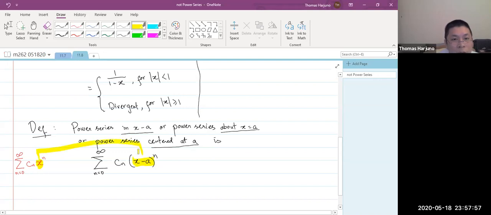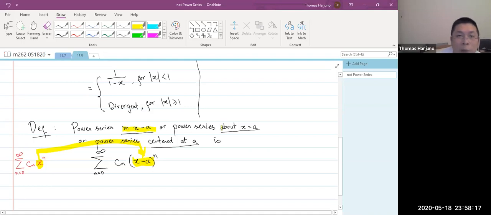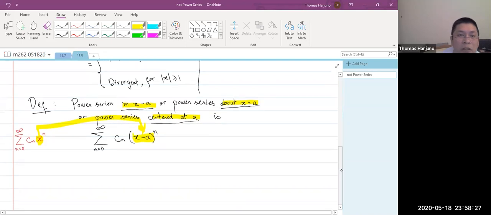If you think about that, that's basically moving the graph of the functions to the right by a units. Okay, that's why you see they change the wording. It's like in x minus a instead of in x, about x equals a, or when you center it at a. Okay, that's the power series centered at a. I usually just say power series about a. That's what I usually say.